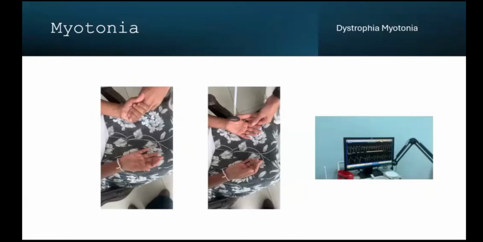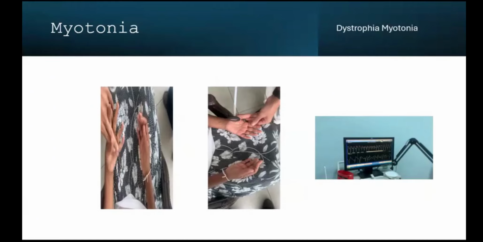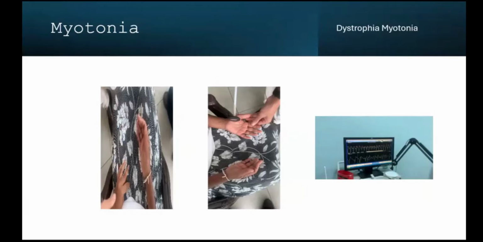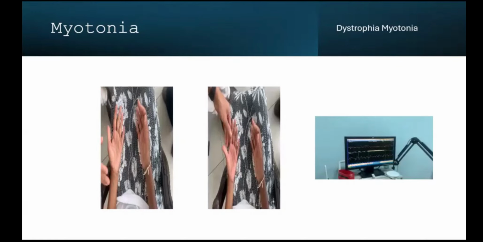So this is the case of dystrophia myotonica, where we are eliciting myotonia. First we are eliciting grip myotonia. As you can see, there is failure of relaxation. Next we are eliciting percussion myotonia.